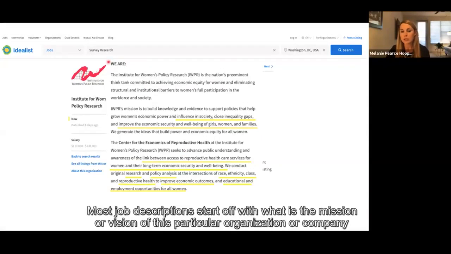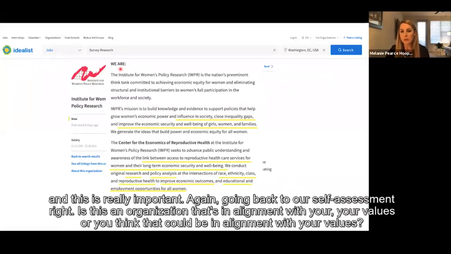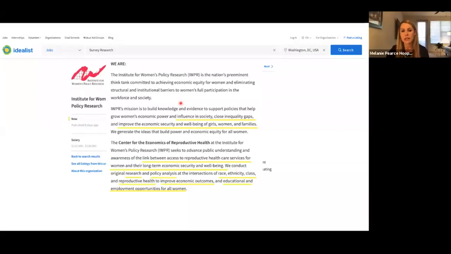Most job descriptions start off with what is the mission or vision of this particular organization or company. And this is really important. Again, we're going back to our self-assessment, right? Is this an organization that's in alignment with your values, or you think could be in alignment with your values?